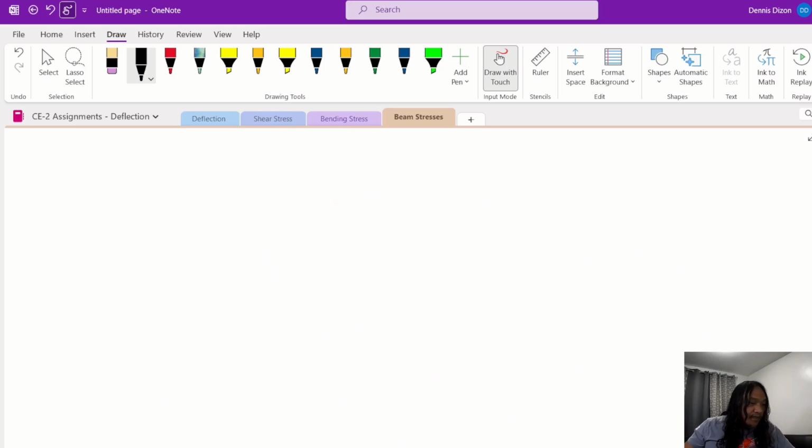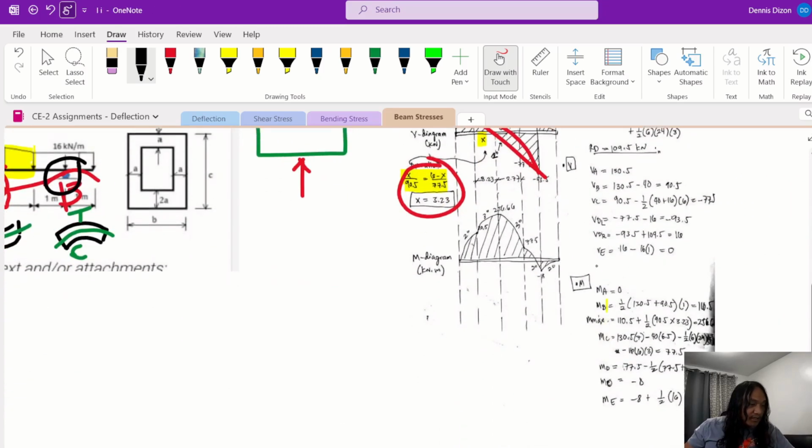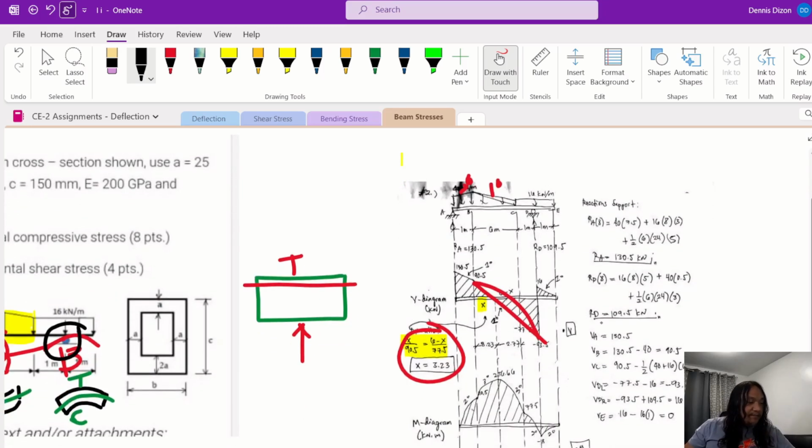Now, in his calculation, the reaction is actually correct here, which is 130.5 and then 109.5 for the reaction at B. It only happens that when he solved for this X, the solution to get the X, he is using a linear ratio and proportion.